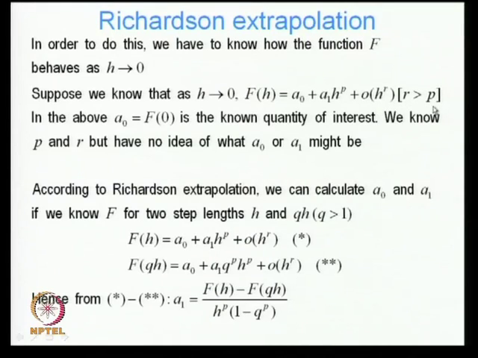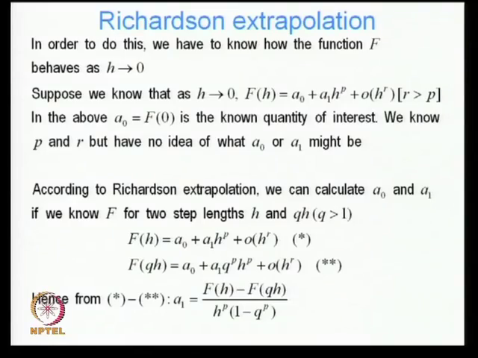Suppose the behavior of the function as h becomes smaller and smaller is reasonably predicted by this equation, with h to the power p and the order of the error being of the order of h to the power r.